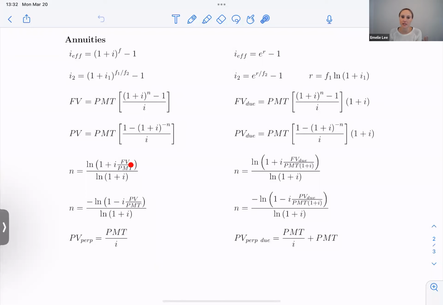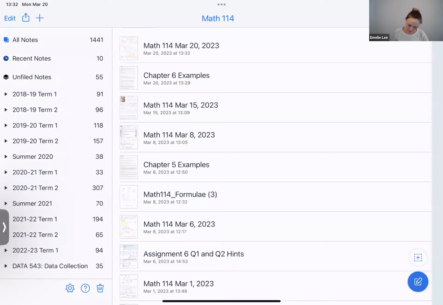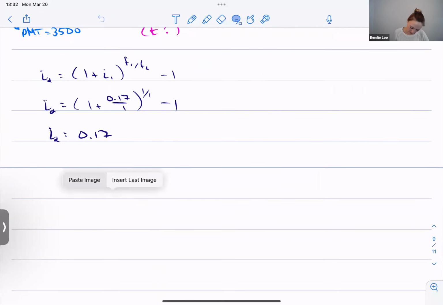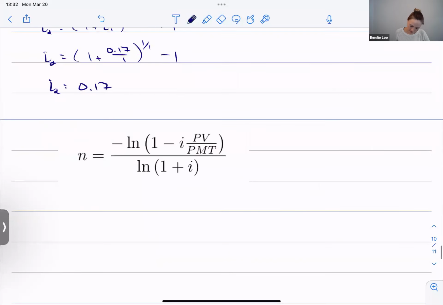How long are you taking to pay off 0? It doesn't have anything to work with. And so we need to use this formula here. But we have all the components, so I'm ready to just plug them in.